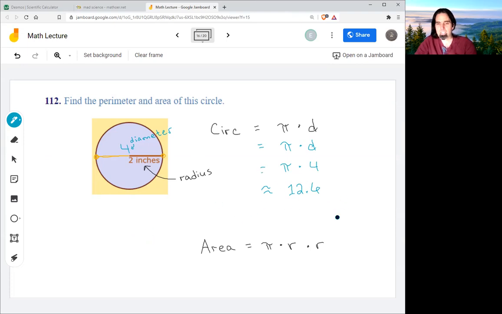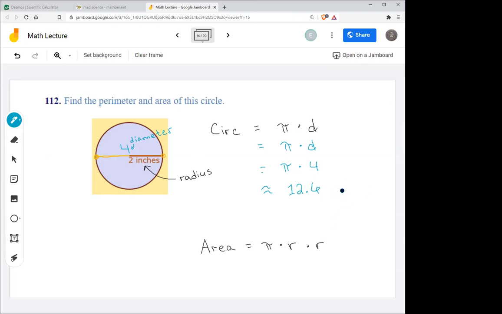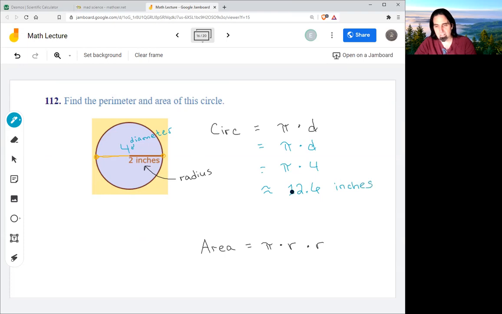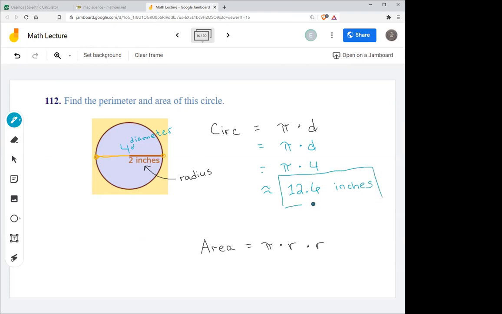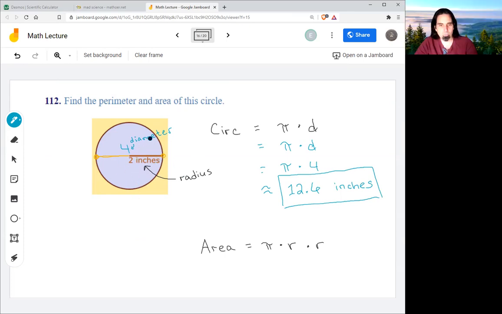What am I going to label that? What is my measurement unit? Inches. Is Brandy right? Yes, she is. Why isn't it square inches? Because we're measuring a string, right? We're wrapping a string around the outside. Strings we measure with inches.